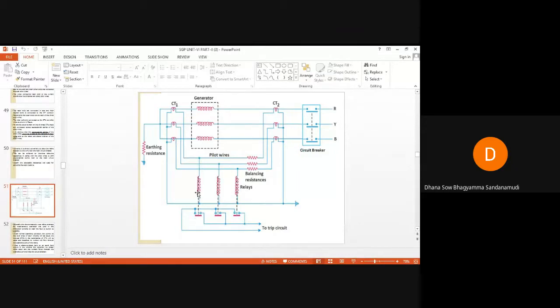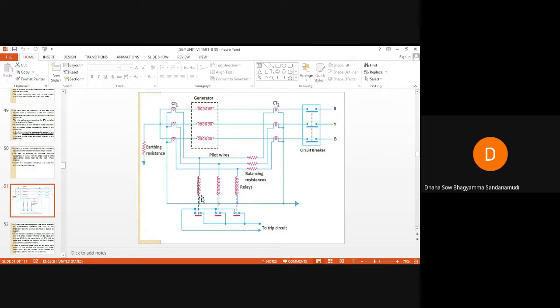Even though differential current is flowing through the relay circuit, it is only if the differential current attains the preset value, not reset, it is preset, that the relay coil is energized and the moving contact comes in contact with the trip circuit.